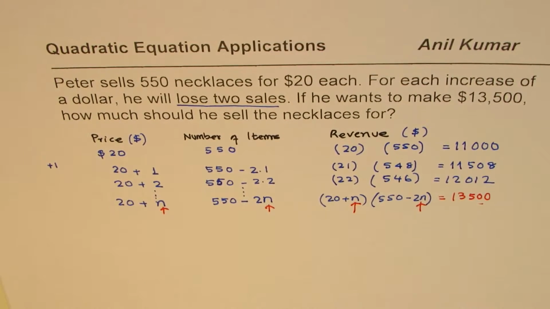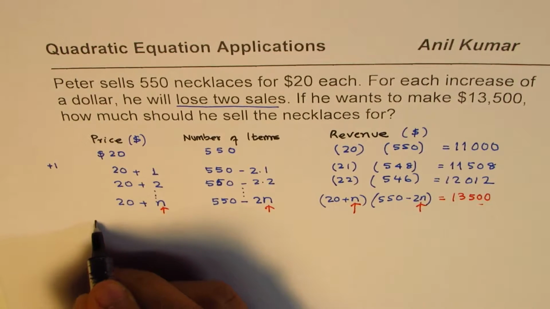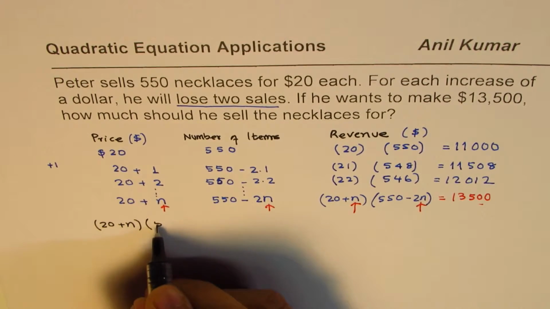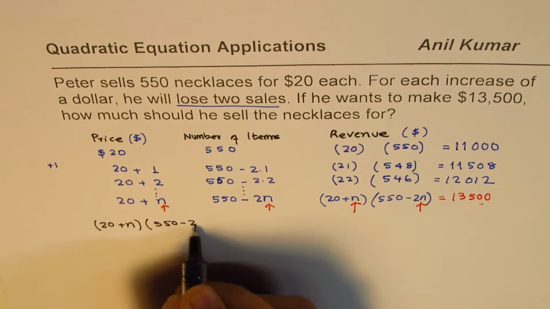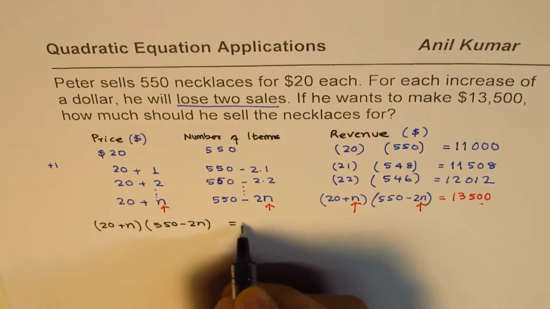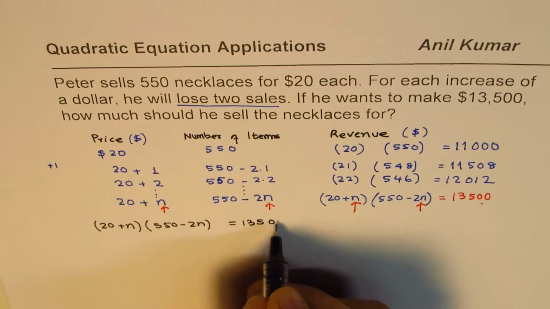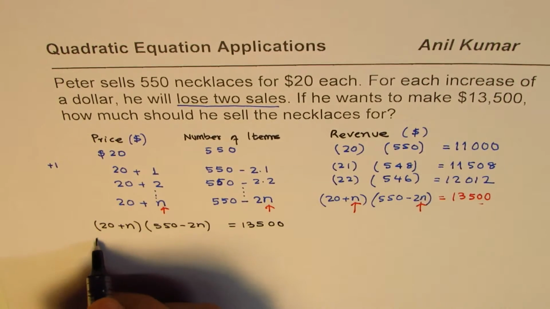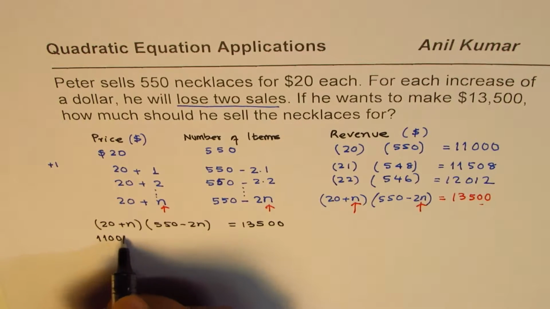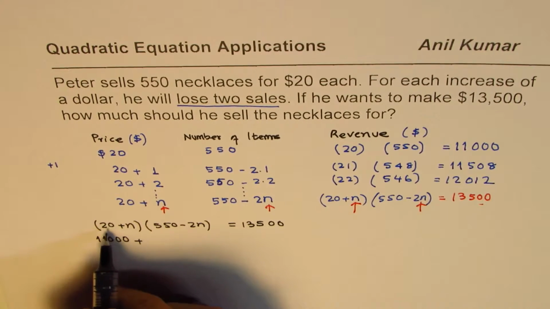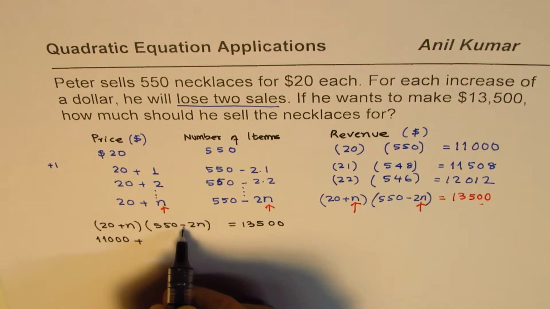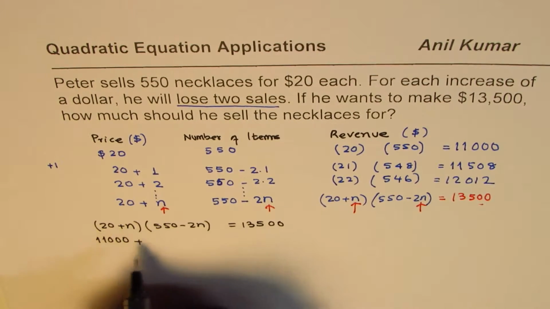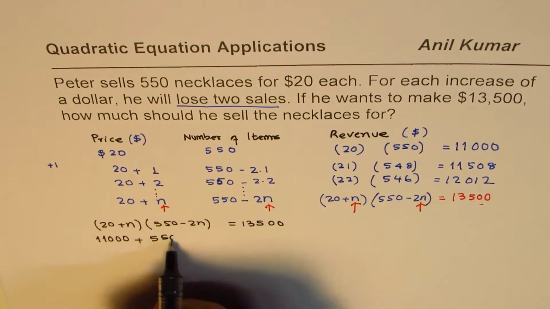Okay, so now let's continue from here. It's a quadratic equation: 20 plus n times 550 minus 2n should be equal to 13,500. So 20 times 550 we found is 11,000. Let me write 11,000 here, plus 20 times minus 2n, and 550 times n is 550n.